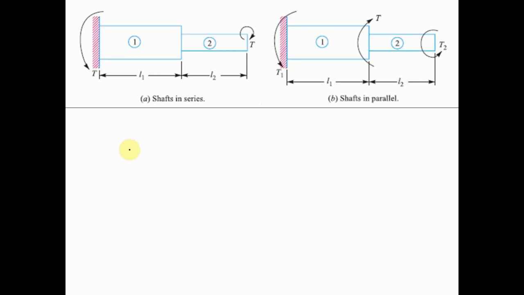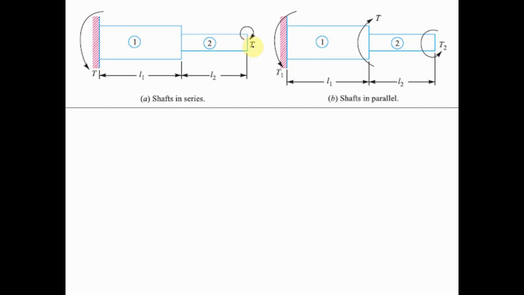Here we apply a torque at one end of the shaft in series. This torque is applied at the free end, clockwise at the end of shaft 2. Here we are having two shafts, 1 and 2, and we apply a torque at the end of shaft 2.